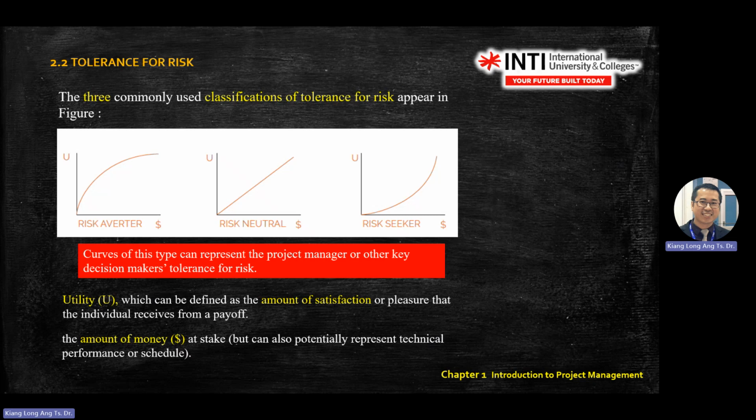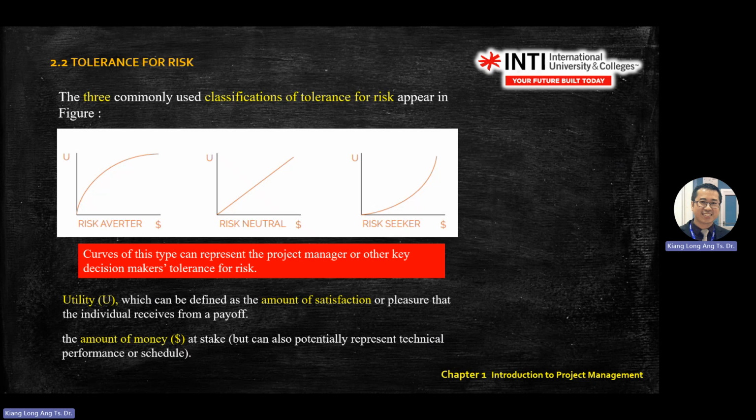They are willing to seek projects with a lot of money, a lot of resources, without talking about the payoff, right? So the curve is like this. But the risk seeker foresees that as they invest more time, they will see a higher payoff as time goes by.